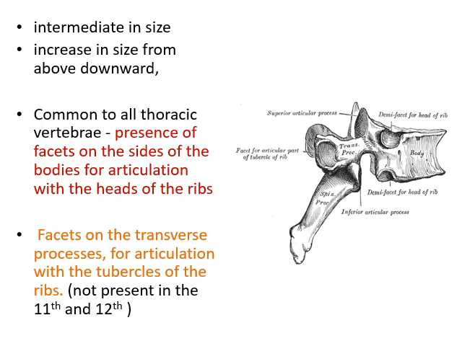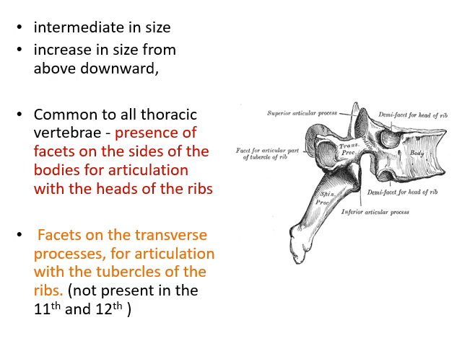Okay, so if you take a thoracic vertebra and look at it, you see that it is of intermediate size. If you look at all the different vertebrae, you see that the cervical vertebrae are very small and the lumbar vertebrae are quite large. So the thoracic vertebrae are intermediate in size. Remember that this is a comparison between vertebrae and not a real typical feature of the thoracic vertebra.